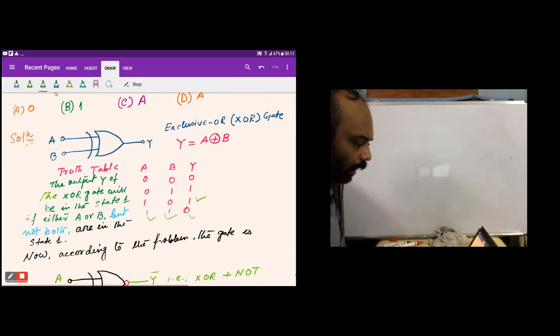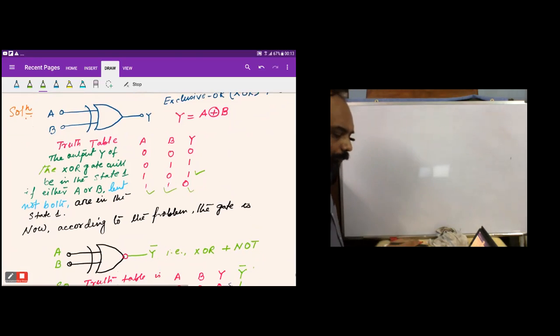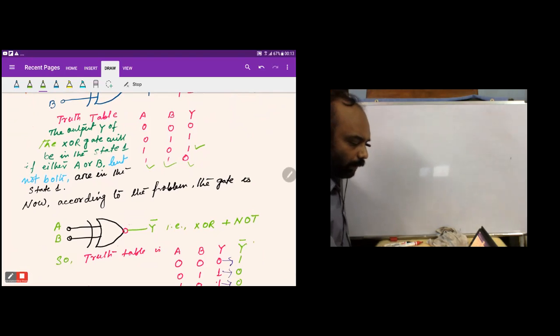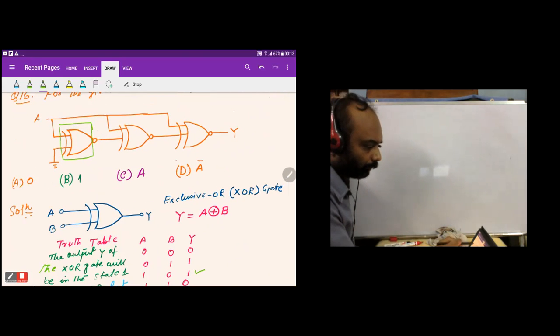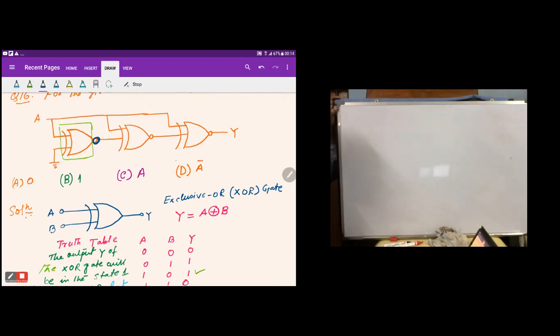Now, according to the problem, we are also given a NOT with the exclusive OR gate. There is a NOT. That means we'll have the output Y bar.